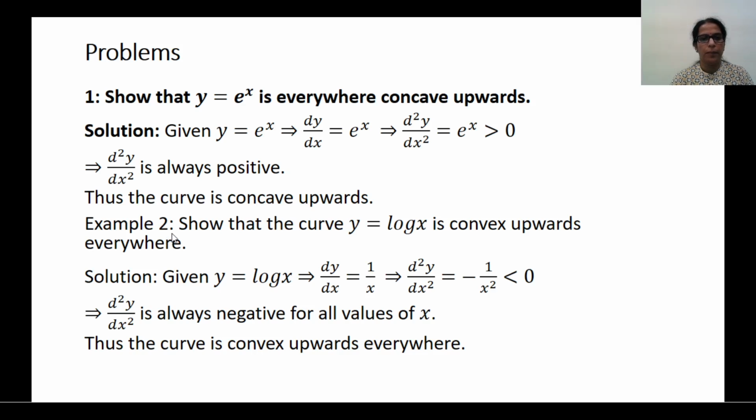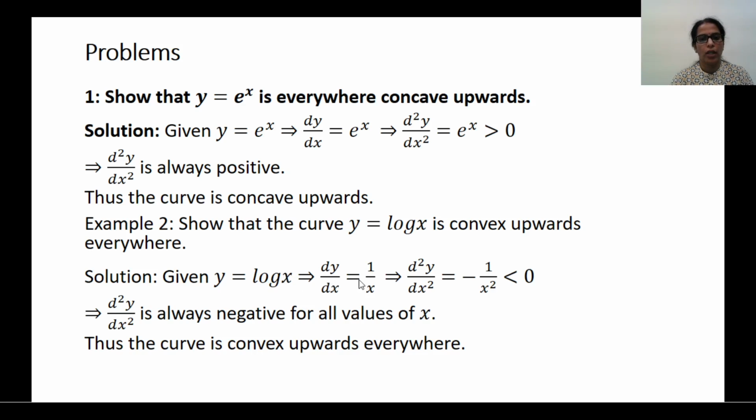Next example, show that the curve y equals log x is convex upwards everywhere. Convex upwards means d square y by dx square is less than 0. Now, y equals log x, differentiate twice.